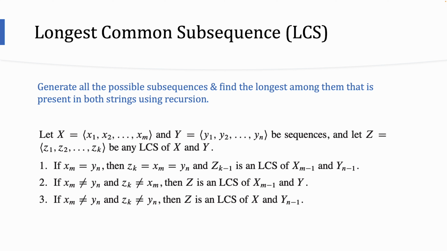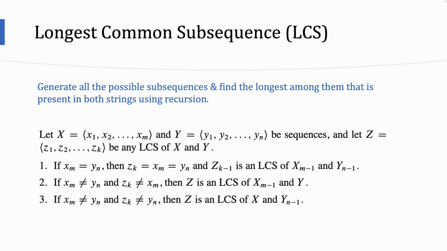Now, if the last elements of X and Y are different, you might say there are a couple of cases here, but something we can say for sure is that either the last element of X or the last element of Y cannot be part of the longest common subsequence. Maybe both of them, right?